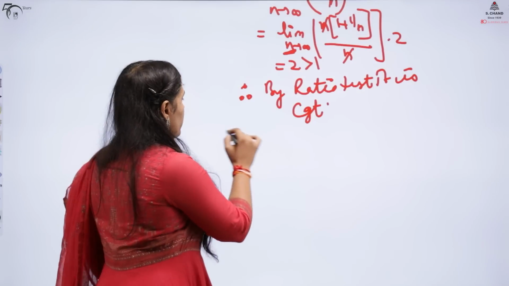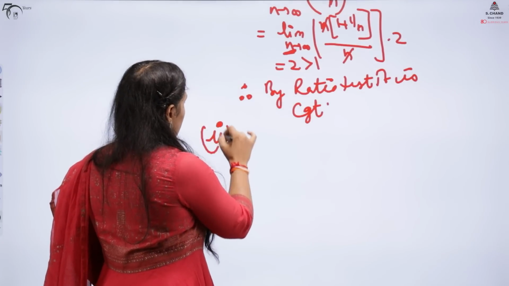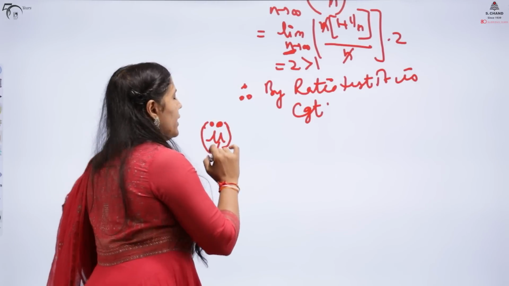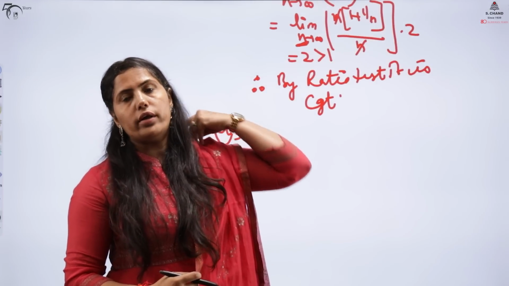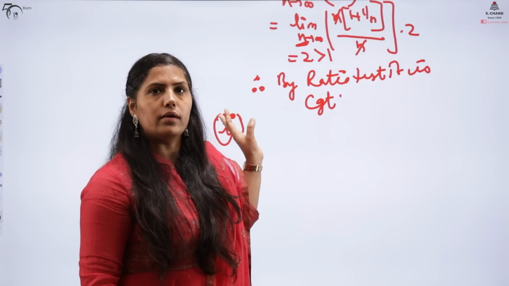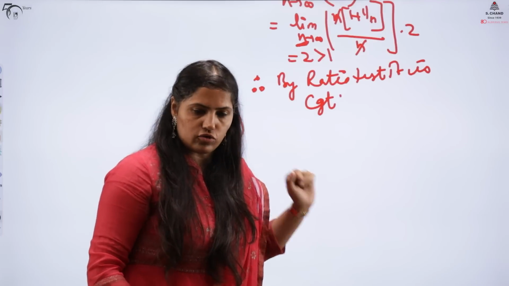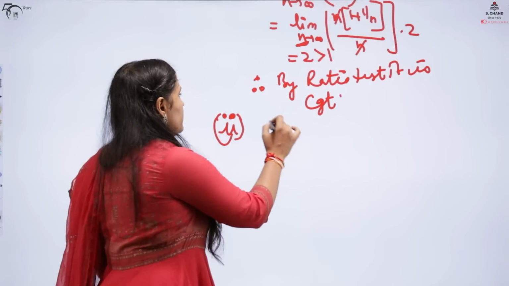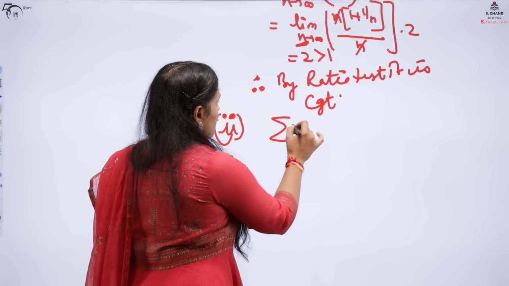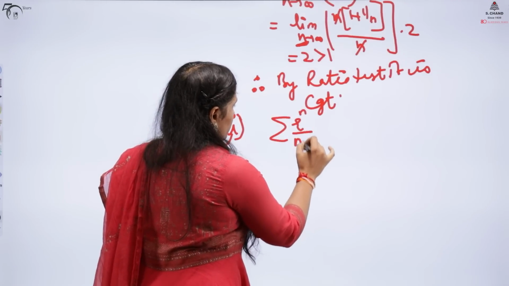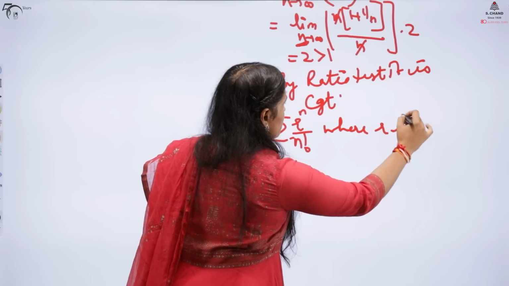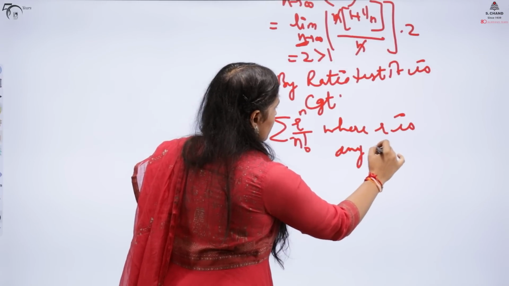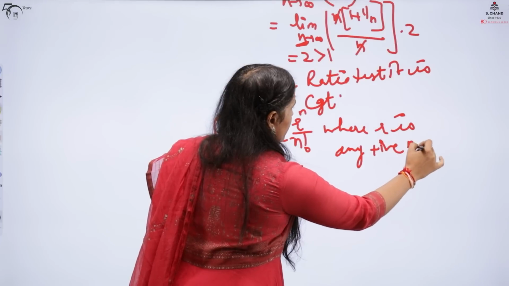So one more example we can take, and as I told you, in one example you can apply 2 tests. It's not a big problem, but the test should not fail, that is the condition. So second example, test the convergence of the series Rn upon n factorial, where R is any positive number.